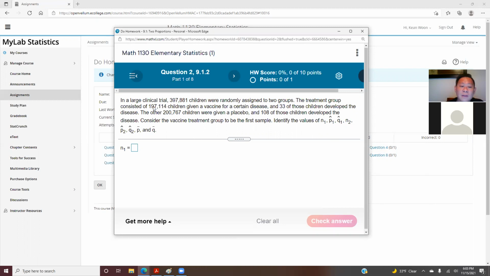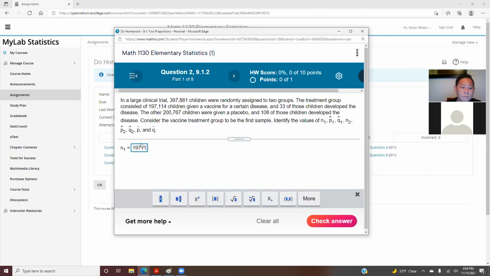One is given a vaccine for a certain disease and the other one is given a placebo. Consider the vaccine group as the first sample. So how many people were given the vaccine? N1 is the sample size. It's 197. So this is the N1.